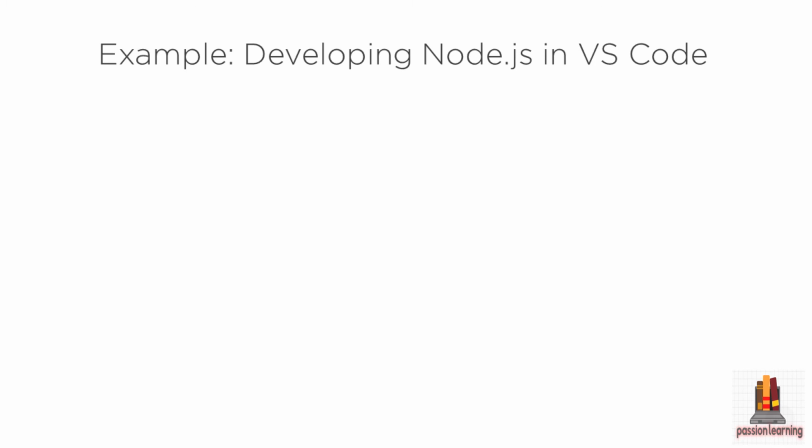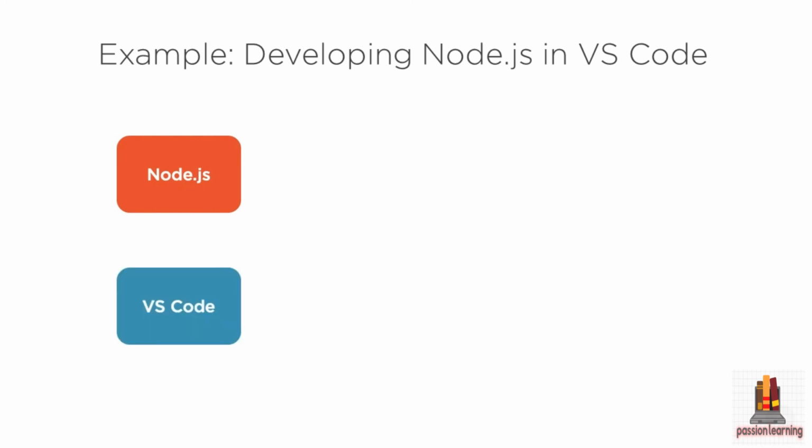Let's look at a couple of examples to give you a sense of some of the options you have in developing your code for Azure. One very simple solution may be that you want to write code in Node.js, and you're going to use Visual Studio Code to do that. And from there, you want to get that code, that web application, out into an Azure App Service.